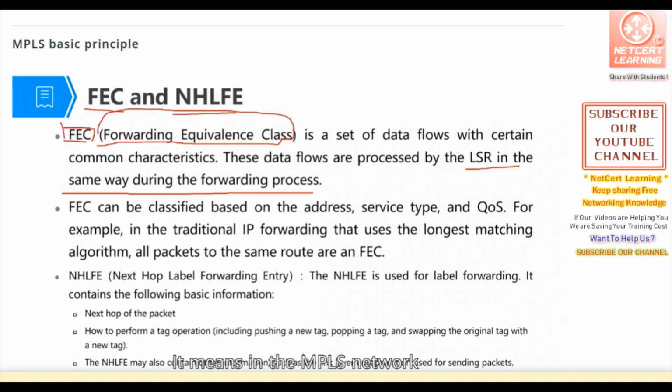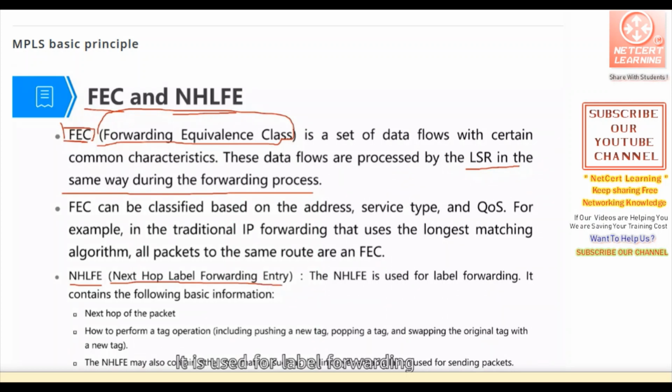It means in the MPLS network, when we need to forward these 100 packets, we will use the same way. So that is FEC. The other concept is NHLFE, which stands for Next Hop Label Forwarding Entry.